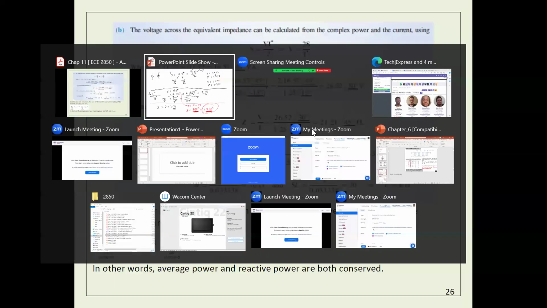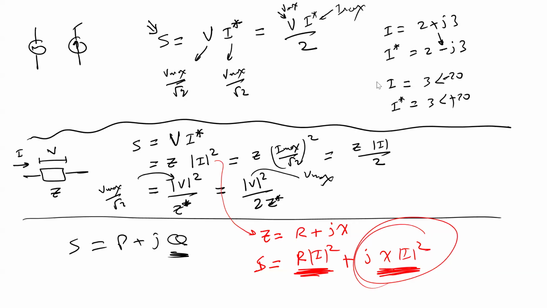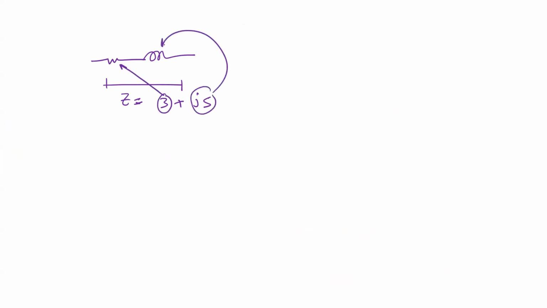Because they are in parallel, let me explain it here. For example, if they are in series, and when I calculate the total Z, I found, for example, Z equals 3 plus J5. Very easy. That means this is 3, and this is J5.